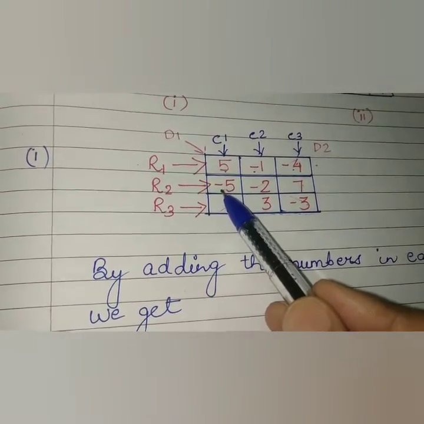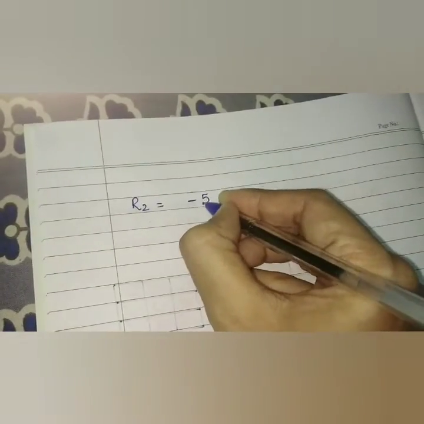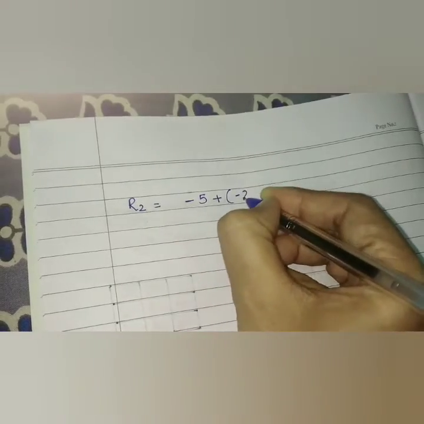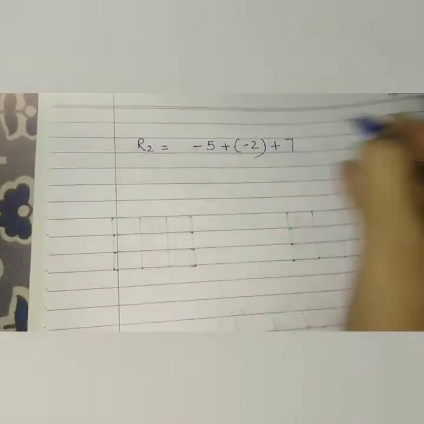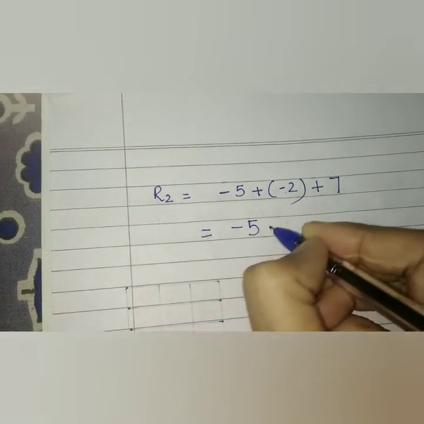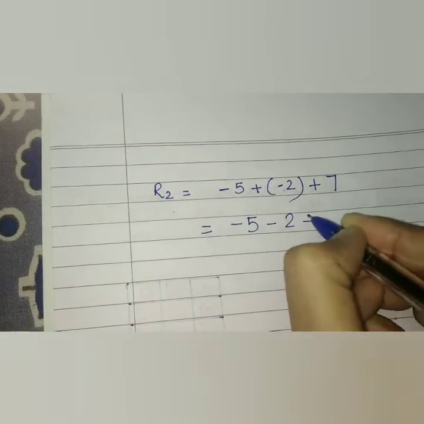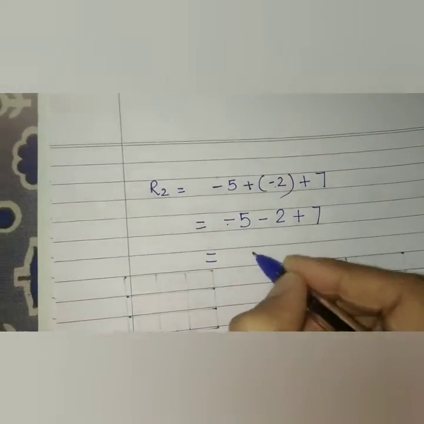Now I will add all the values in row number 2. The values are minus 5, minus 2 and 7. So this is minus 5 plus minus minus 2 plus 7. Minus minus becomes plus, so 5 and 2 become 7.